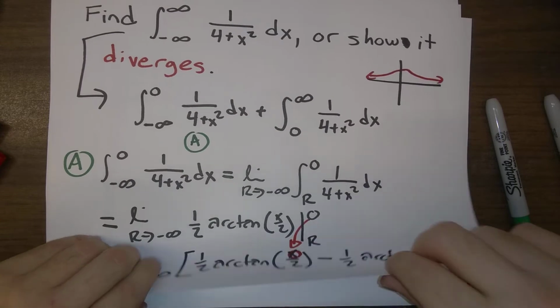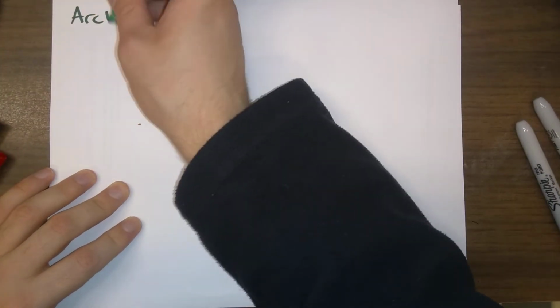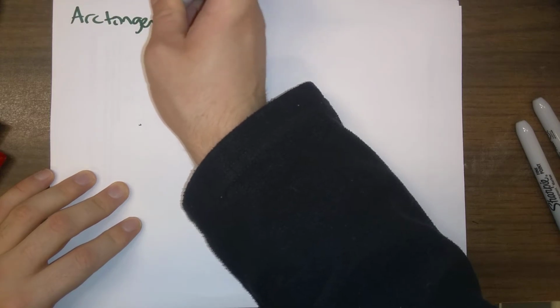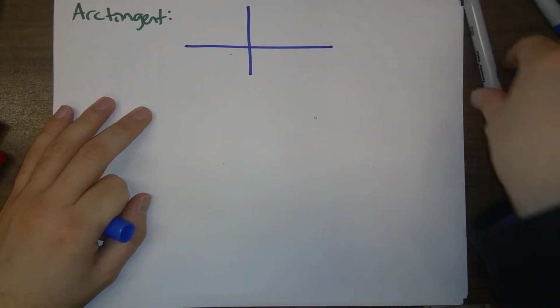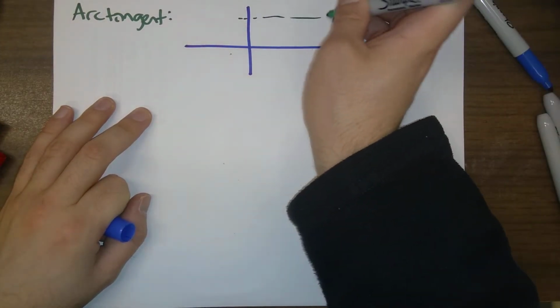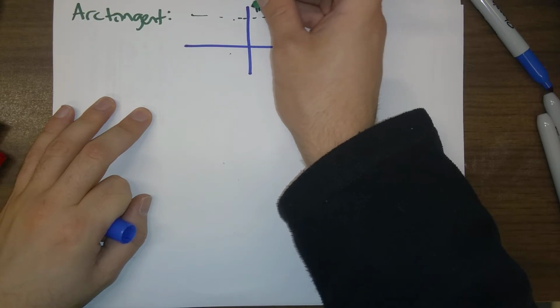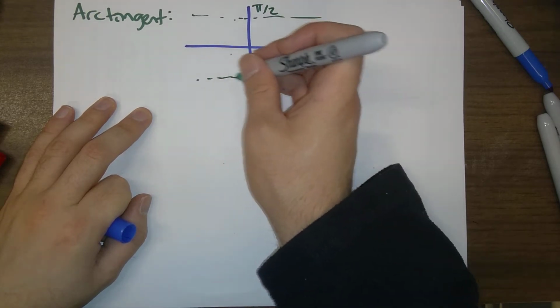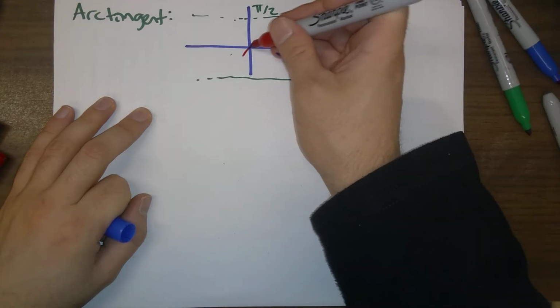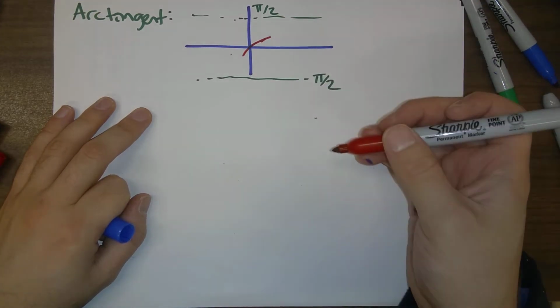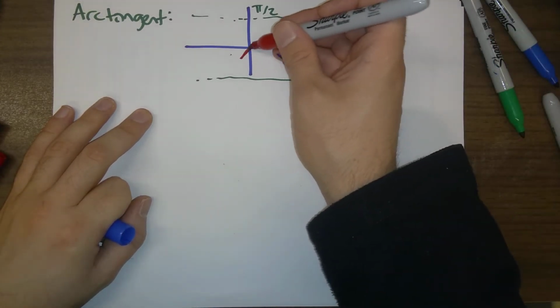Well, let's go to a new slide and just draw out a picture of what arctangent looks like. There are horizontal asymptotes at pi over 2 and minus pi over 2.